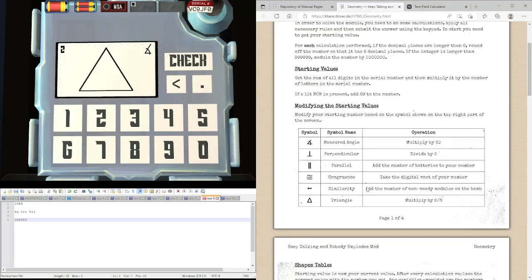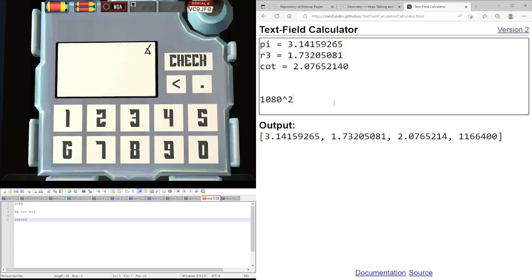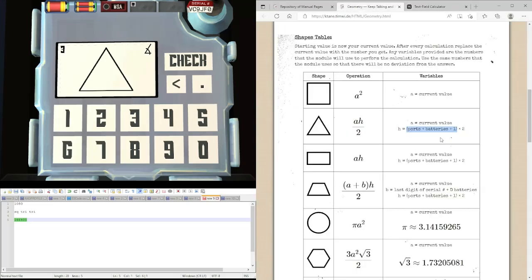Next we have one of the triangles. We're going to be calculating this value h, which is the ports plus batteries plus 1 times 2. But since we're dividing by 2 here, we can just calculate this first bit for our value for h for the triangles. So we're going to take our value that we have here and multiply it by basically half of what h would be.